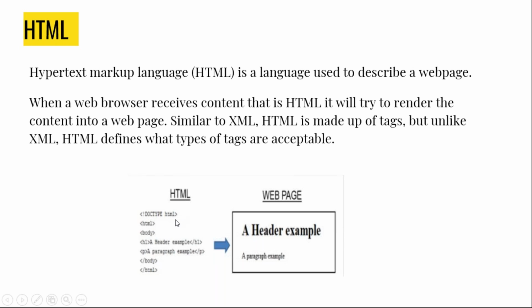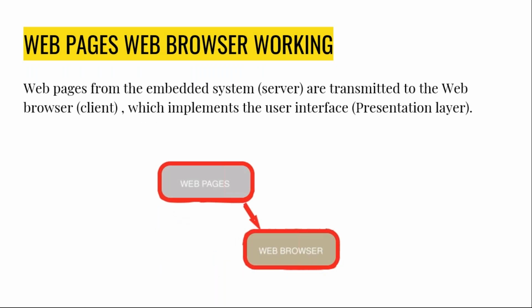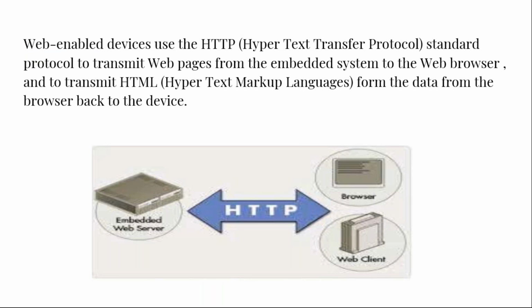It will follow the HTML set of rules or protocols so that it can easily show your content over the internet or over the local host, local browser. You can check it on that.